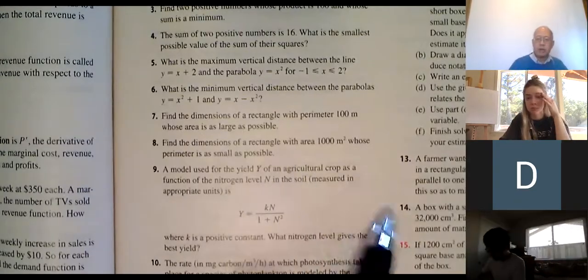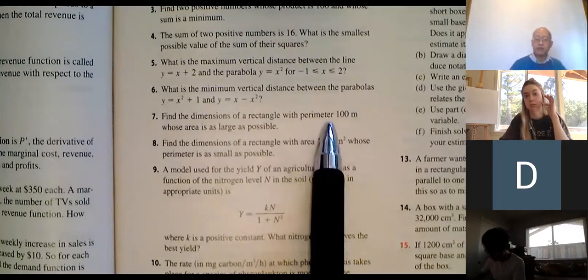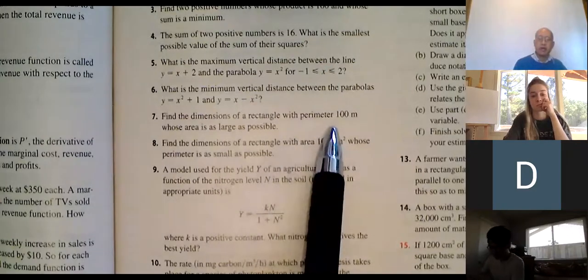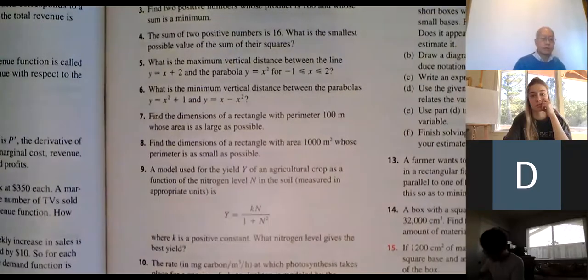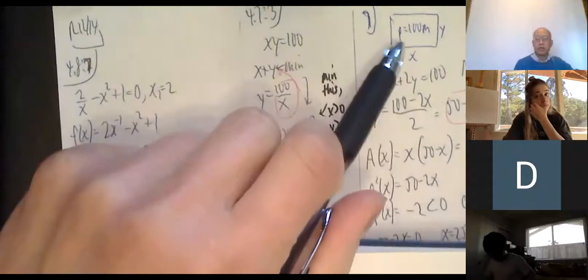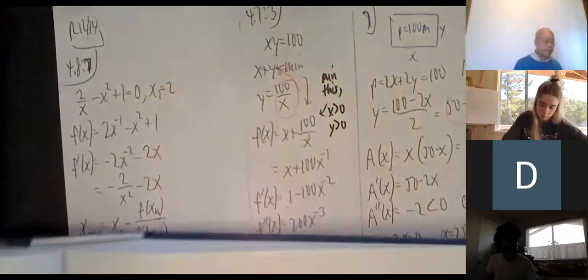That is a practical problem because perimeter, that might be fencing, right? Let's say you have 100 meters of fencing. So you're limited to 100, and how do I shape it so I get the maximum amount of area? So I draw myself a picture. The perimeter is 100. Area is x times y. And you're trying to maximize the area.